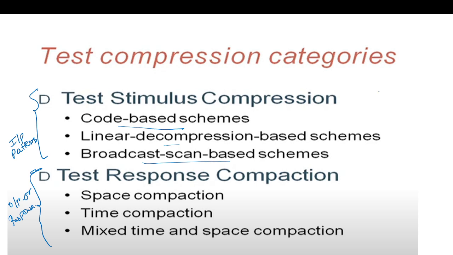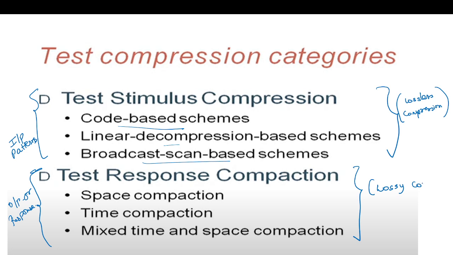The test stimulus compression is the input. So we can't make the input lossy, input should be lossless. So these compression techniques are lossless compression techniques. Whereas the output can be lossy. Like if we are going to compare it, so output we can perform lossy compression. So these techniques may include lossy compression also.